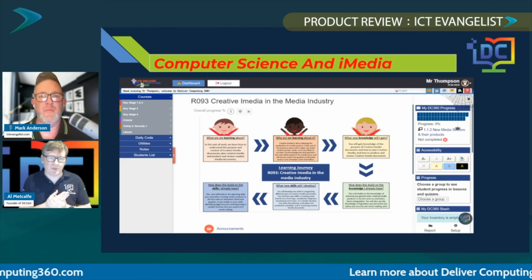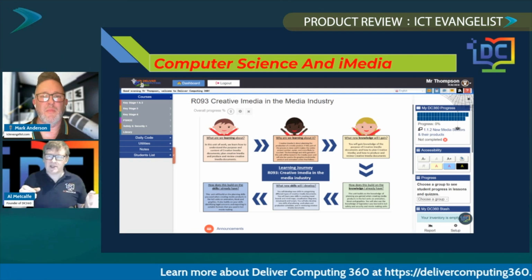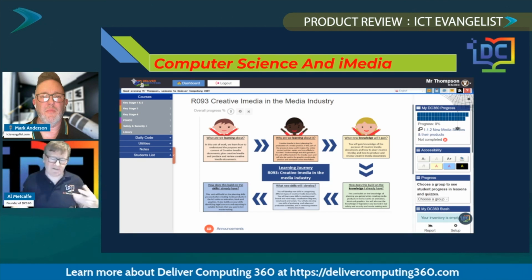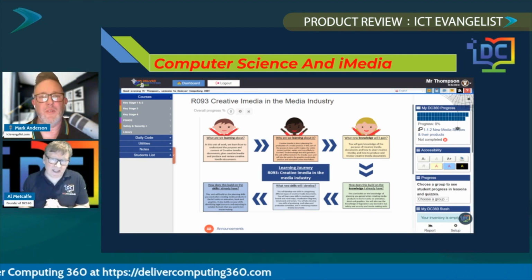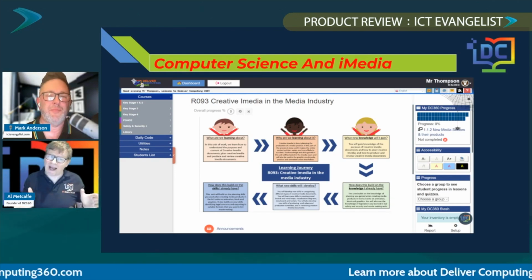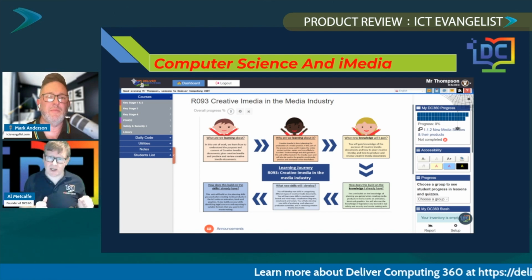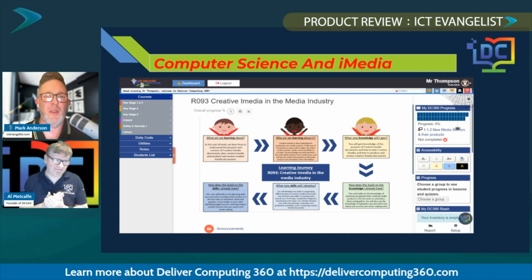But we also support other software that schools might use, like Adobe and Serif, Microsoft Office and Google Docs and stuff like that. But we have a lot of our own inbuilt software, so there's no licensing issues. Students can use them at home, so it's great.